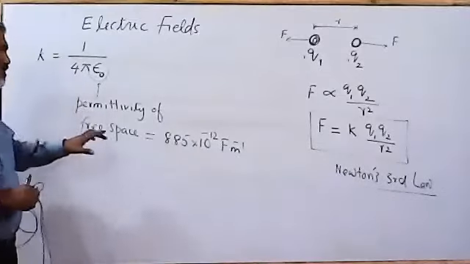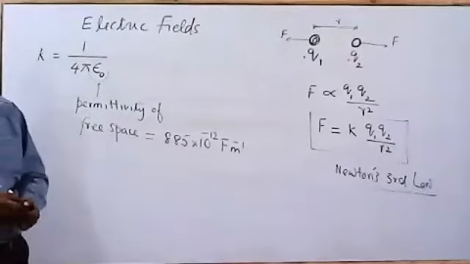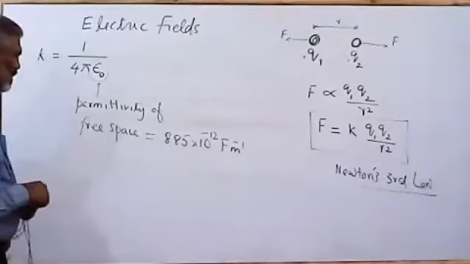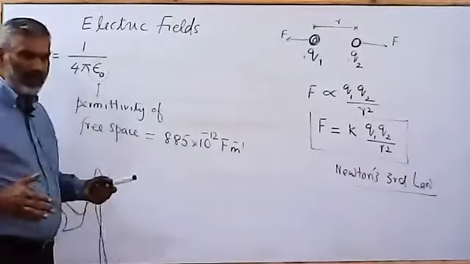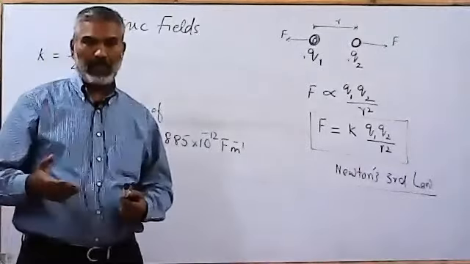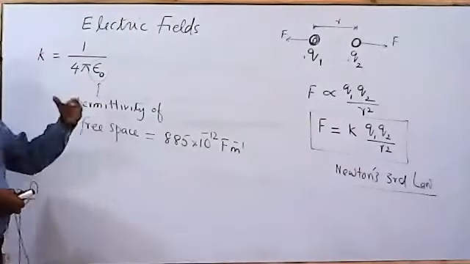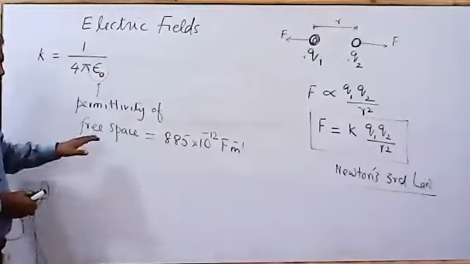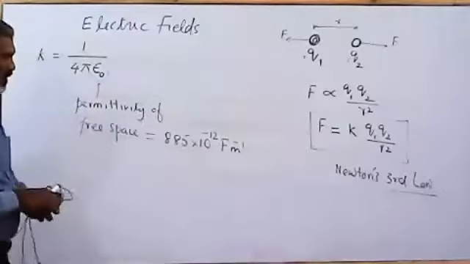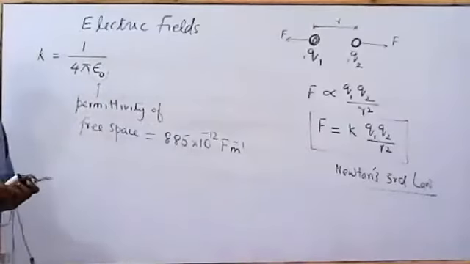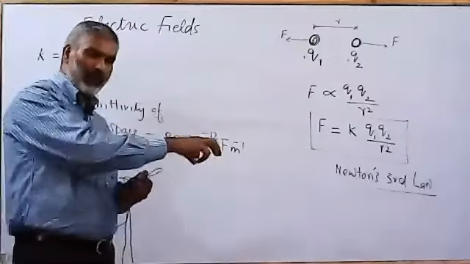So that means the medium in which these two charges are placed is important, and we always assume that the charges are placed in free space, vacuum, or air, because the value of permittivity is almost the same for free space and air. So we continue using the same value of permittivity in this formula for all the situations, because in no situation are they going to put these charges in any different medium.